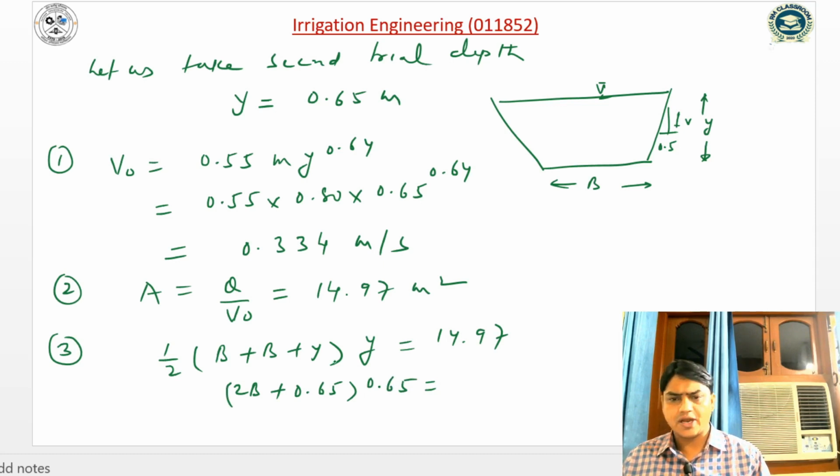So it is 29.94. So here divided by 0.65 minus 0.65 divided by 2. So the value of B is 22.7 meter.